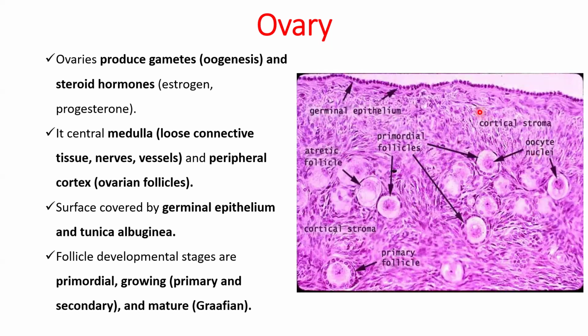You can appreciate this is the germinal epithelium, which is simple cuboidal. Below it is the tunica albuginea. And then this is the cortex, where you can appreciate the various follicles that are developing. And then maybe from here, we'll start to have the medulla of the ovary.